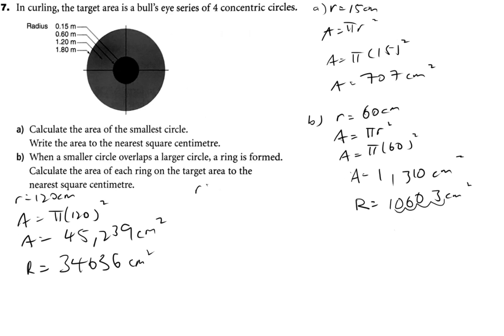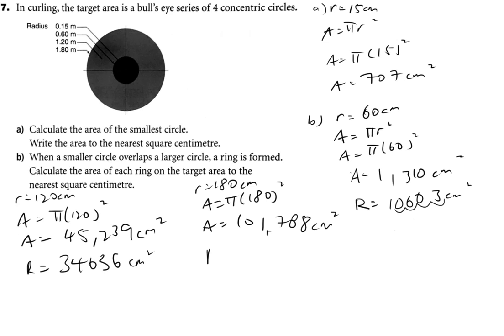Finally, the ring with 180 centimeters as its radius, the area is going to be pi times 180 squared. And plugging this into your calculator, you're going to get 101,787 or 788 square centimeters.